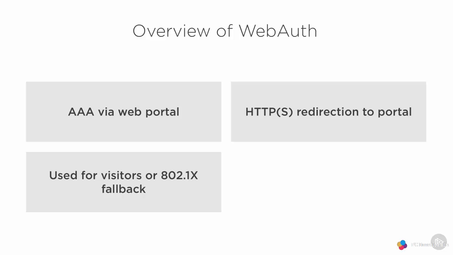So our network access device is going to play a part in that, as well as ISE, in sending a URL as a redirect to the user for them to be put into a captive portal where they can now enter their credentials.